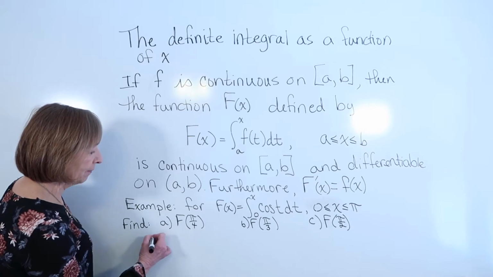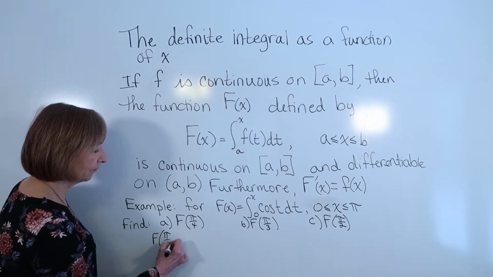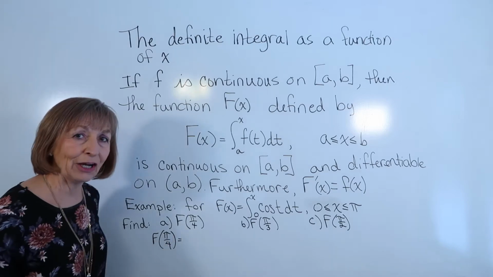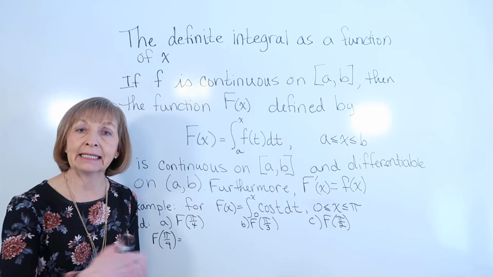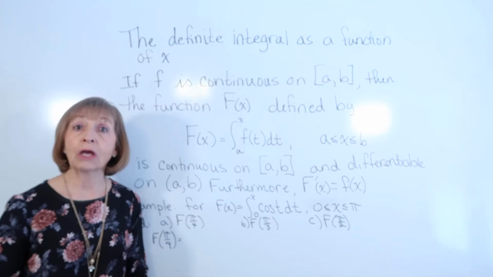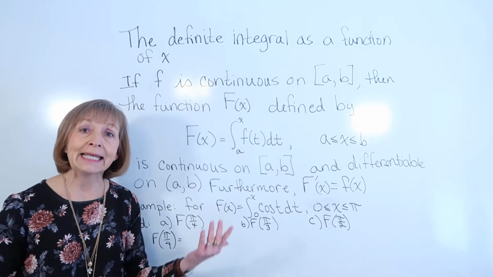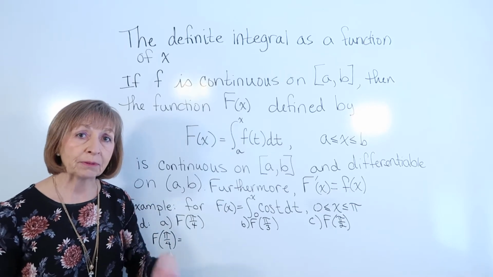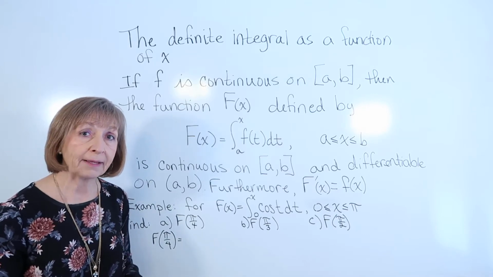So here my capital F of pi over 4. Well, think about any other time that you are asked to evaluate a function at an input value. And you've been doing that for a long time, right? You go and you find your independent variable of your function, take out that variable and replace it with the expression or number that you're supposed to evaluate it at.